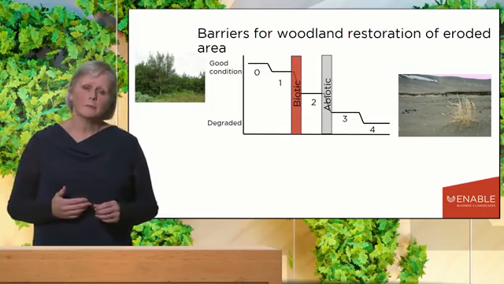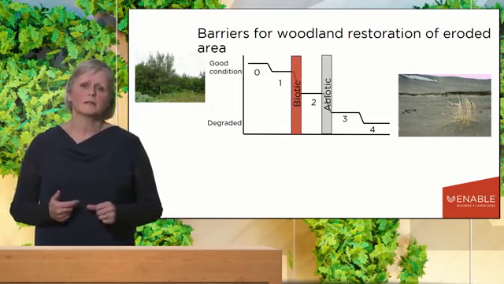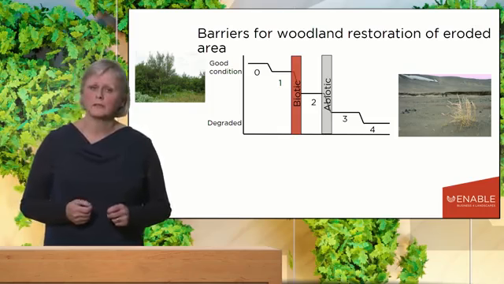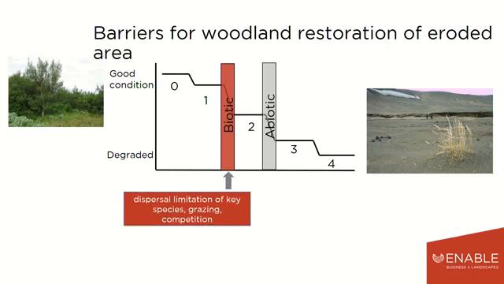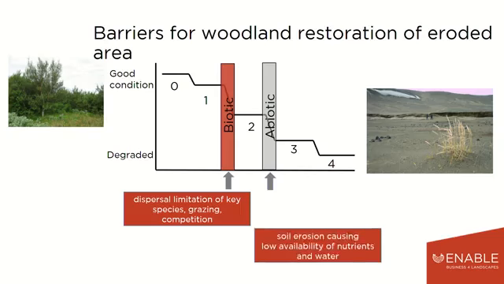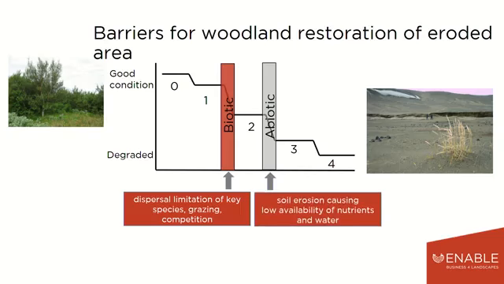The species' inability to recolonize the area could be due to several different barriers, such as a dispersal limitation, a biotic barrier, unfavorable conditions for seedling establishment and growth due to grazing or competition, also biotic barriers, or limited availability of nutrients and water or erosion, abiotic barriers.